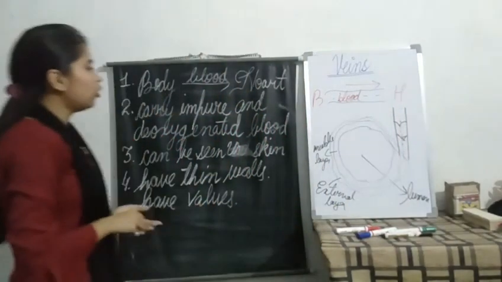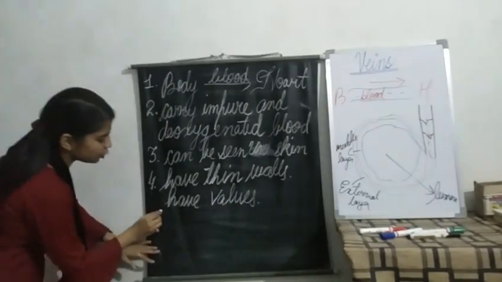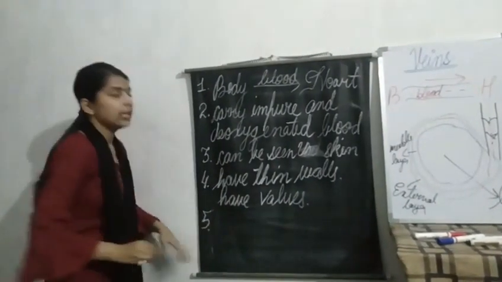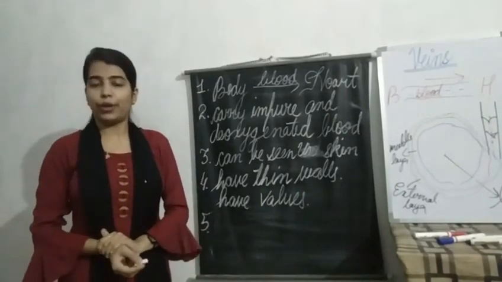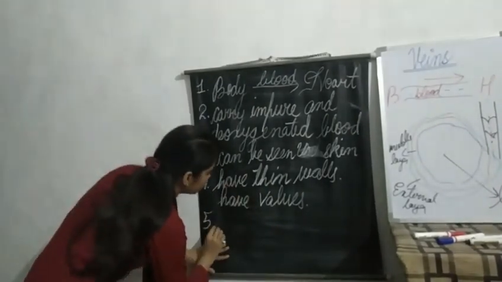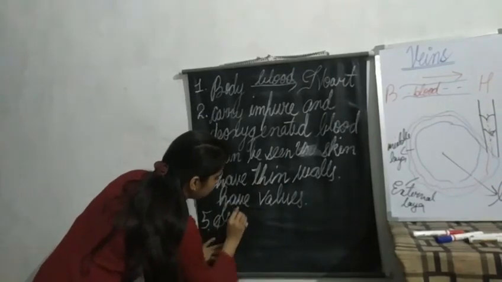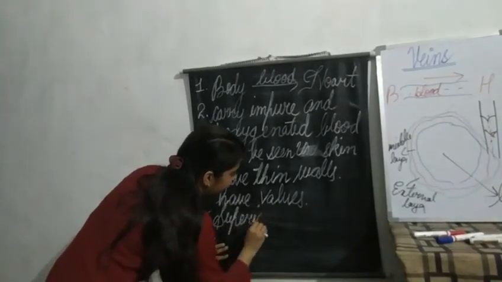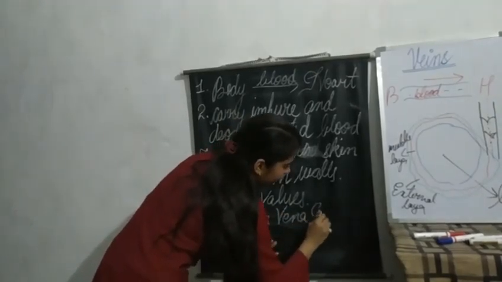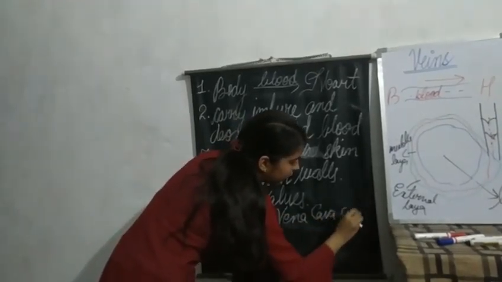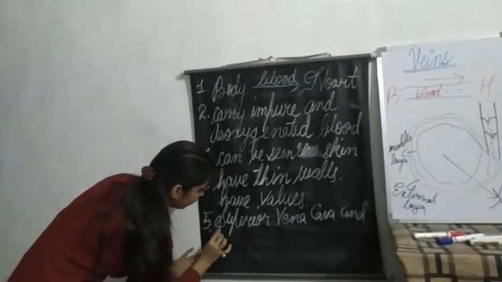Now, the last point, that is the types of veins. Basically, you can say that two major types of veins come out. The first one is the superior vena cava and the inferior vena cava.